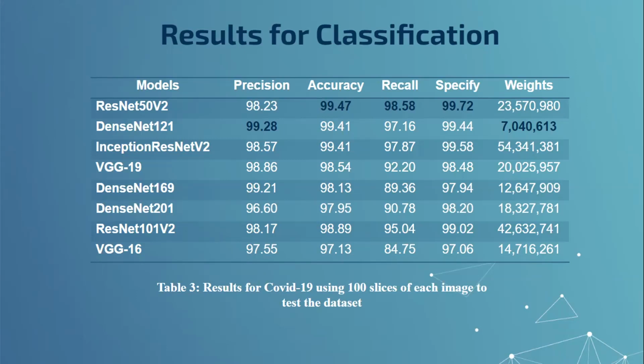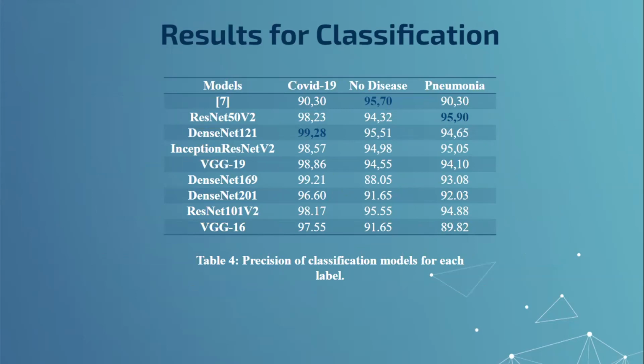Next, the performance of the network is compared to the others. Table 4 compares the precision results and table 5 compares the specificity results. It is noted that all models present more accurate results for the classification of COVID-19 and pneumonia.